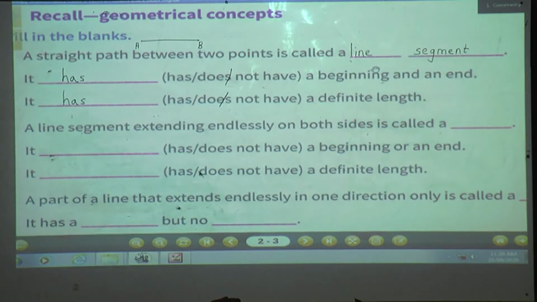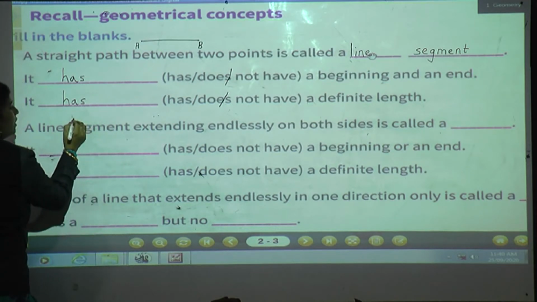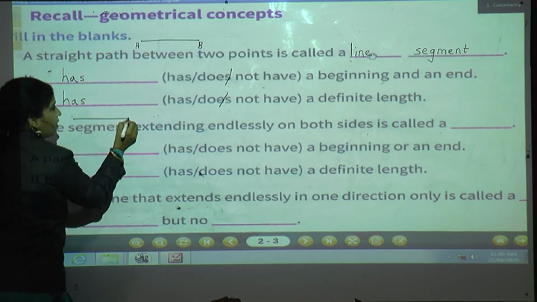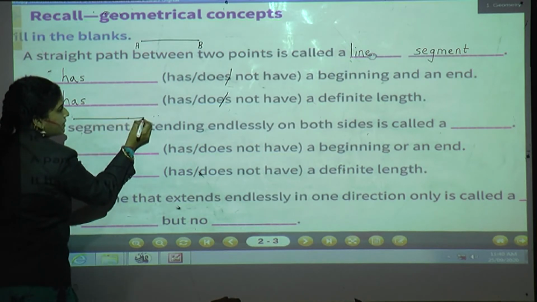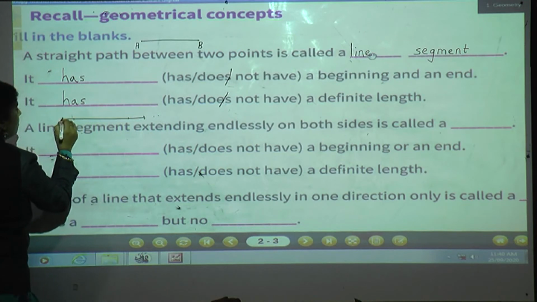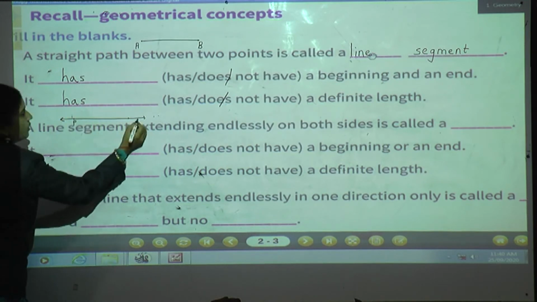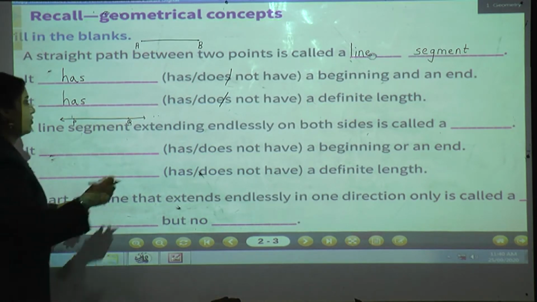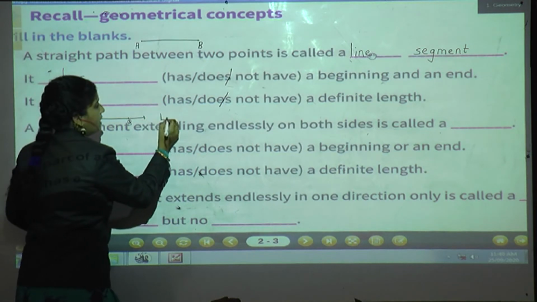Now next one, a line extending endlessly on both sides is called a, see what is the question? Extending on both sides. What is this? This is a line.